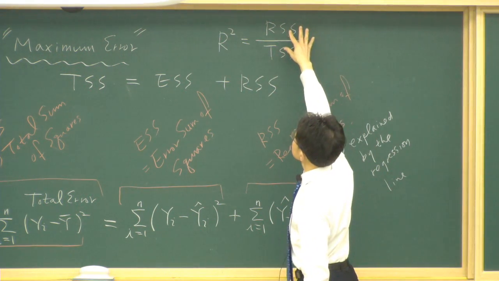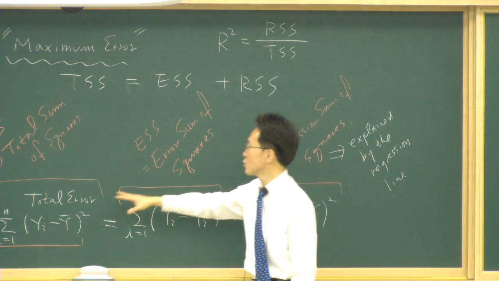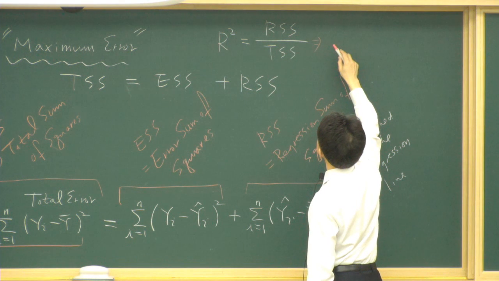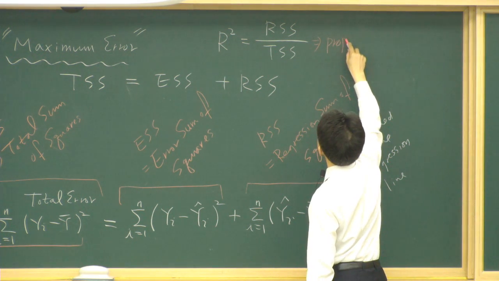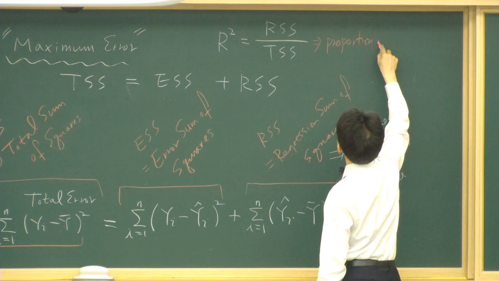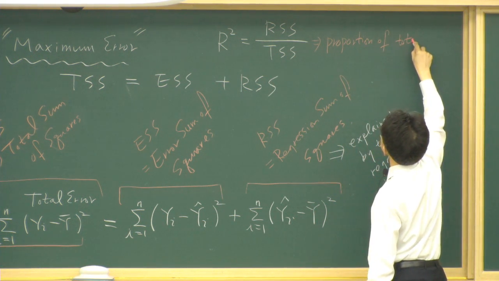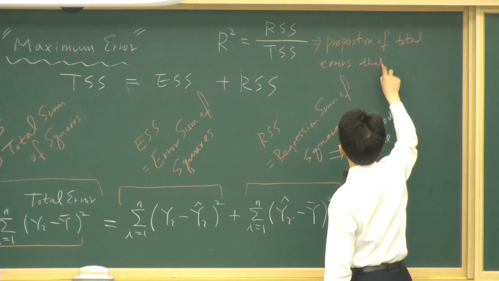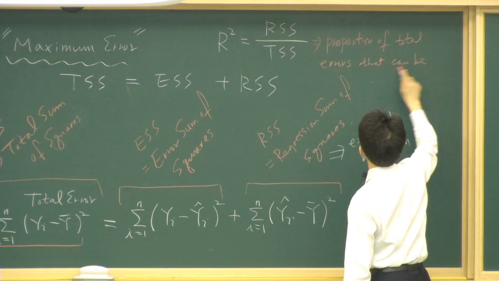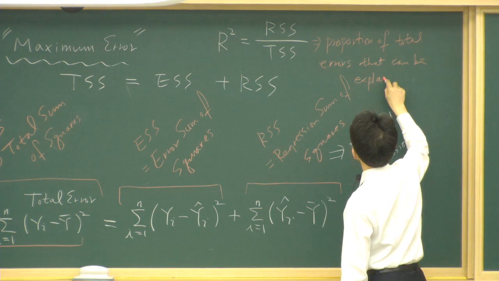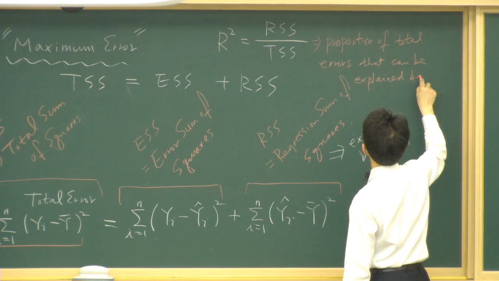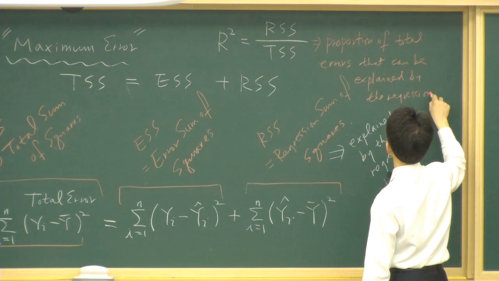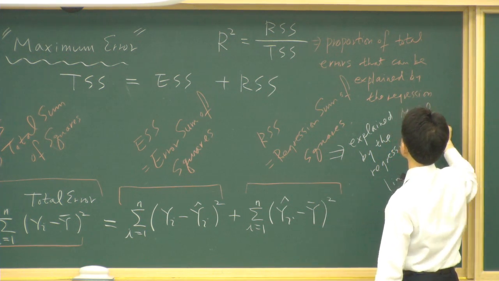So that's RSS, and TSS is the total errors, and therefore R square actually means that proportion of total errors that can be explained by the regression model. Okay, that's basically R square.